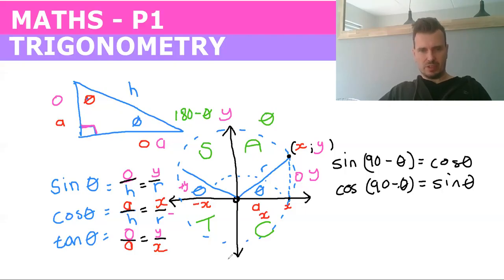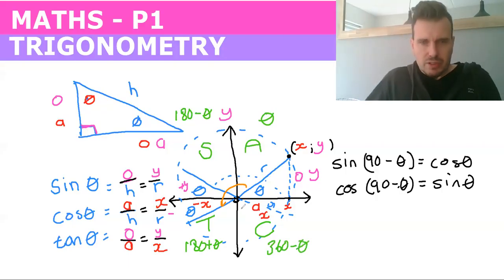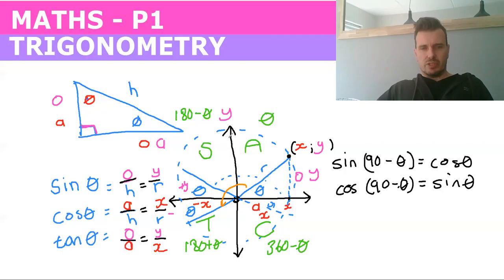If I was to draw this angle here, theta, this angle here is 180 plus theta. And then this one, a full circle is 360 degrees, so this is 360 minus theta. So this is just what you need to remember.